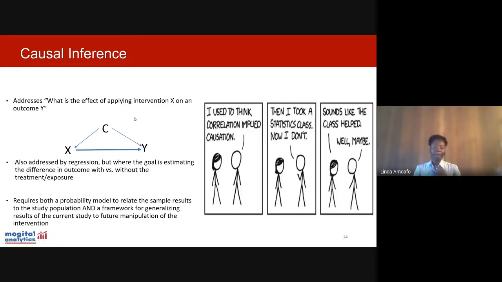So in that situation, we need to adjust for every confounder that we have. And that's this C right here. It's just a variable associated with the X and the Y variable. An example could be alcohol use. Smokers would have a higher chance of also being alcoholics.